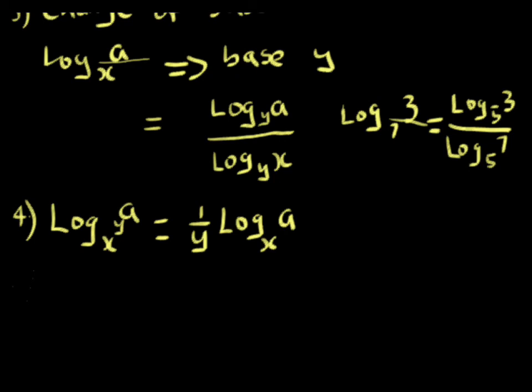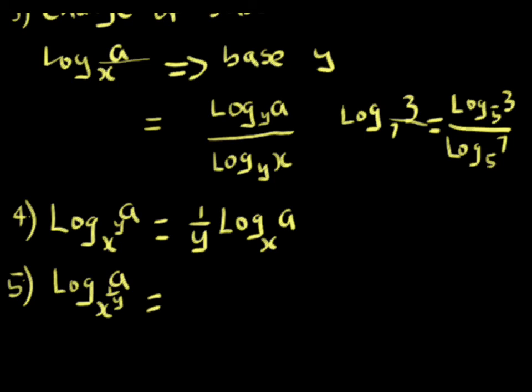Now we could also be given log a base x, where this x being the base has a power of 1 over y. How do we evaluate this whole piece? The very same thing applies.